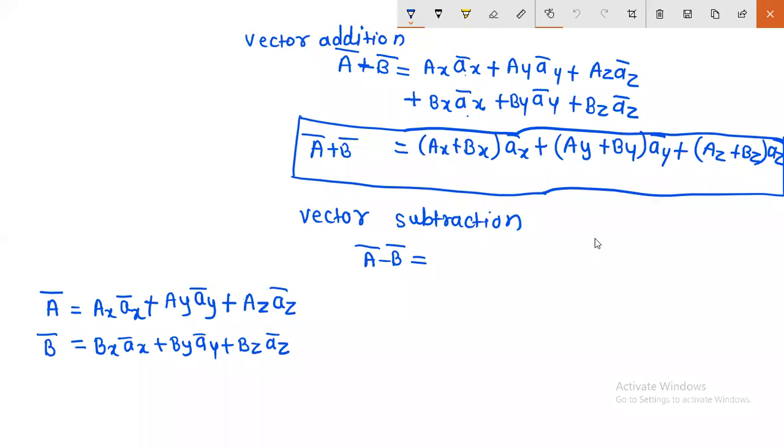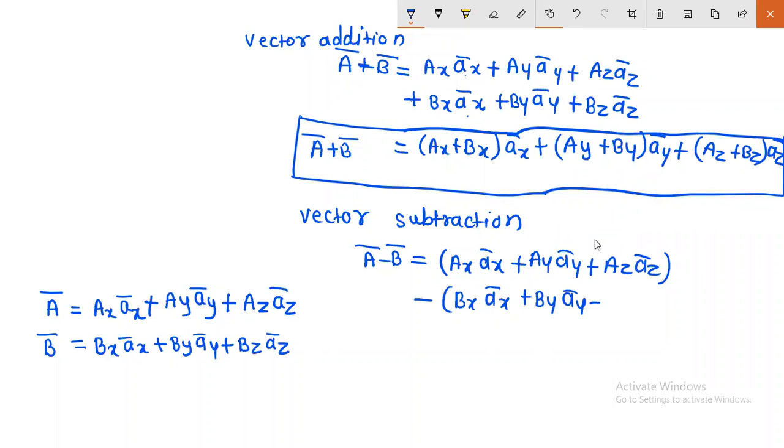Okay, I will write this equation again. So vector A bar is ax a bar x plus ay a bar y plus az a bar z, then minus vector b bar is bx a bar x plus by a bar y plus bz a bar z, right? So again this a bar x common, then how to write this equation?